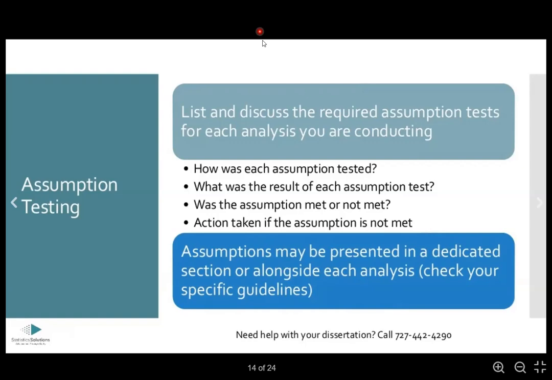Next, you will talk about what the results of the assumption test were, and I'll share some examples of what that looks like. And then you will talk about whether or not the assumption was met and what the decision is based on that assumption test. For example, if you're doing a parametric test and your normality assumption isn't met, what is your next step going to be? Are you going to pivot and do a non-parametric test?